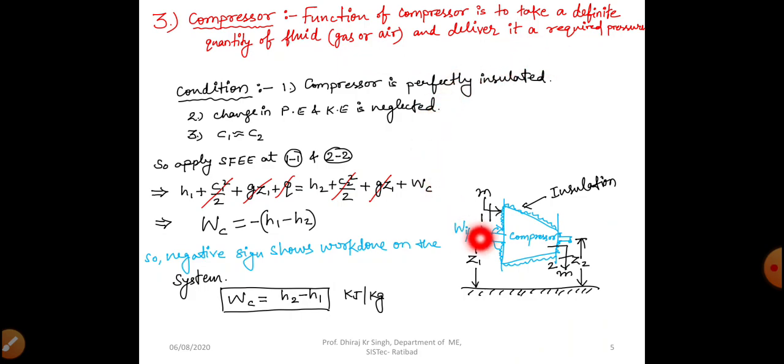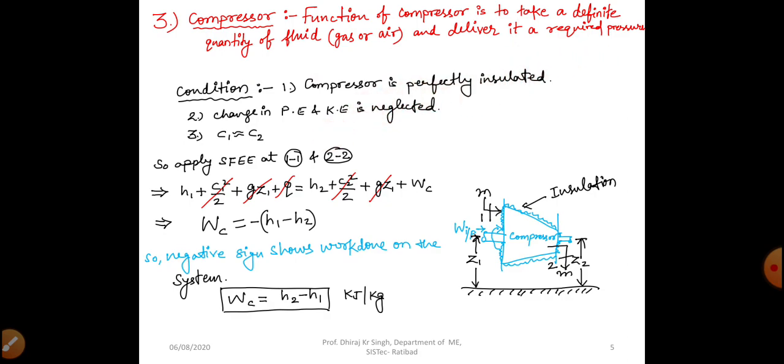Basically, the main function is to take the air at low pressure and take it to high pressure, right? At the inlet we get the fluid at low pressure, and at the outlet we get the fluid at high pressure.